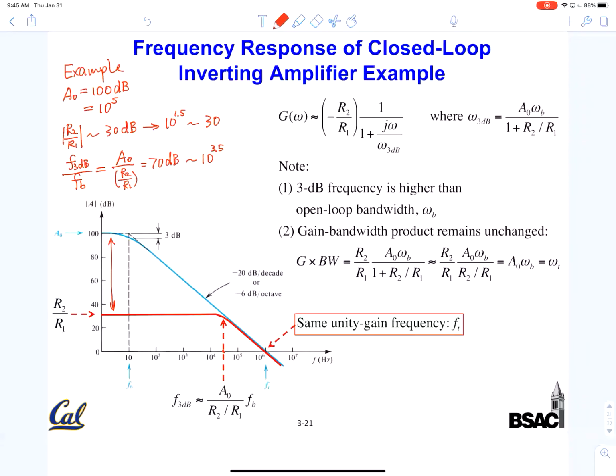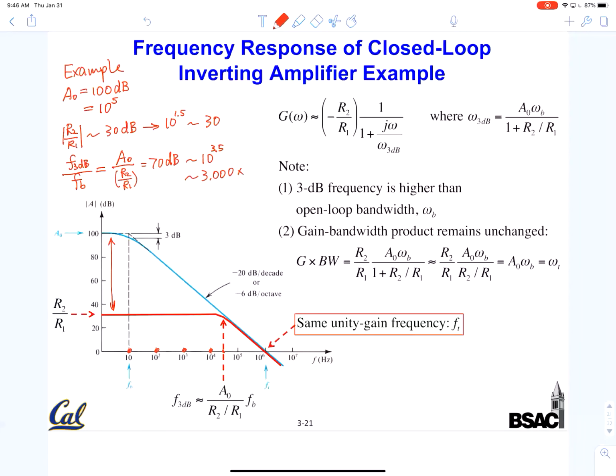So that's roughly about 3,000, 3 orders of magnitude. So it goes from 10 to 1 order of magnitude, 2 orders, 3 orders of magnitude, and this is about 3,000 times higher. So our bandwidth becomes 3,000 times higher.